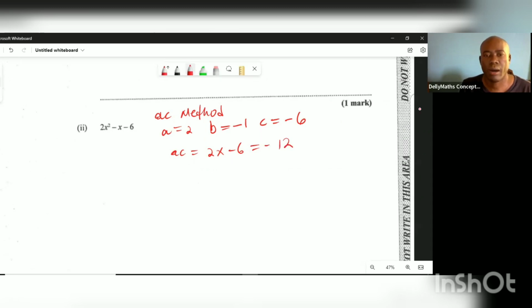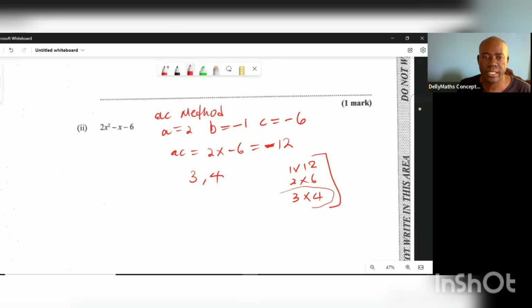The factor pairs of 12 are what we need, and one of these would work. To get a difference of 1, it's a 3 and a 4. Whenever my AC is negative, one of my factor pair would be positive and one negative, and the bigger one takes the sign B has.